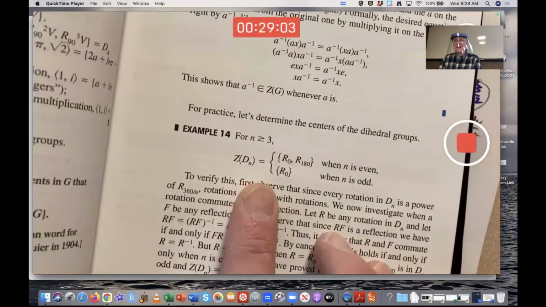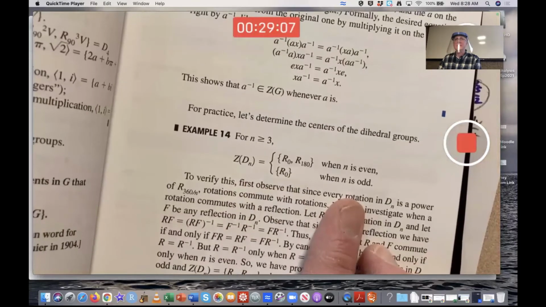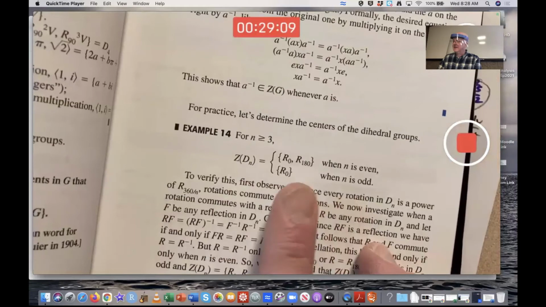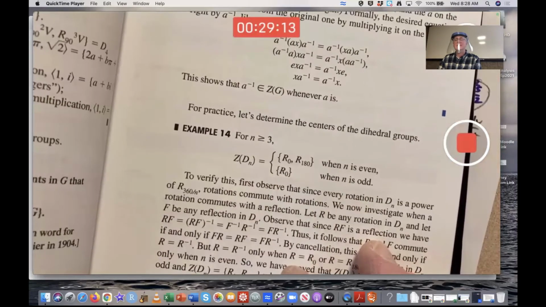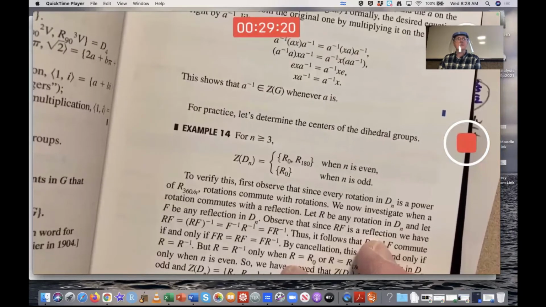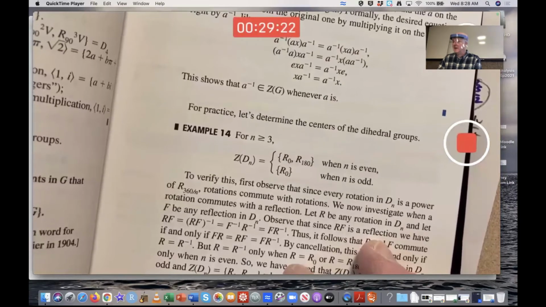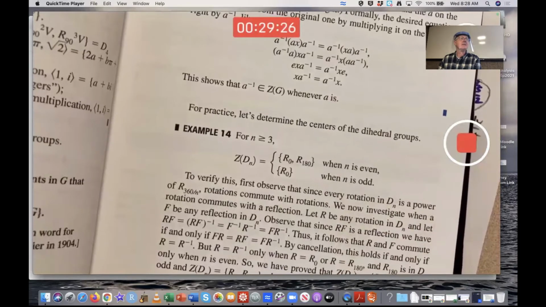The center of Dn is just the identity when n is odd, so the center of D3 is just the identity. It's the identity and also the rotation by 180 degrees when n is even. So D4, for example, symmetries of a square, would have a center that includes a rotation by 180 degrees. If n is odd, R180 is not even in the group. It's not even in Dn.